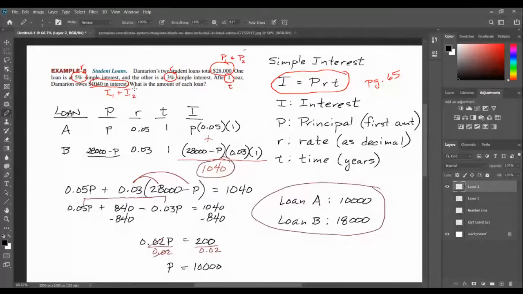I don't have to go back and figure out did X represent corn or did it represent the soybeans? I just know right away. And so I would recommend that when you're creating variables, you use a variable that makes sense for the problem. I think it will help you when you're solving problems.